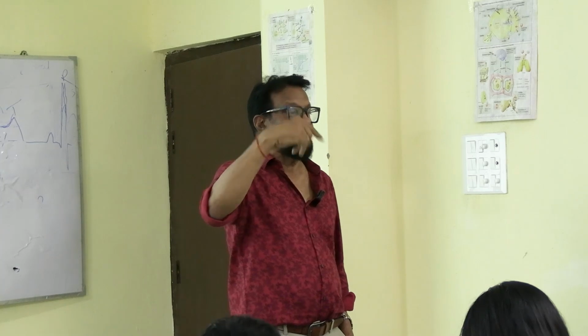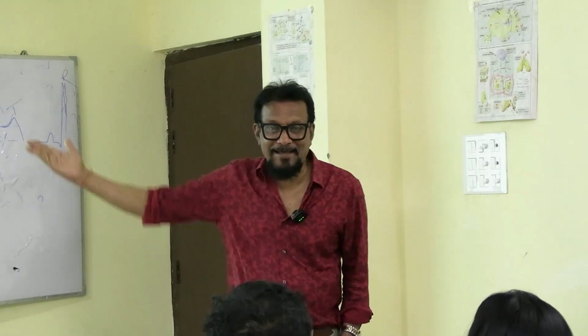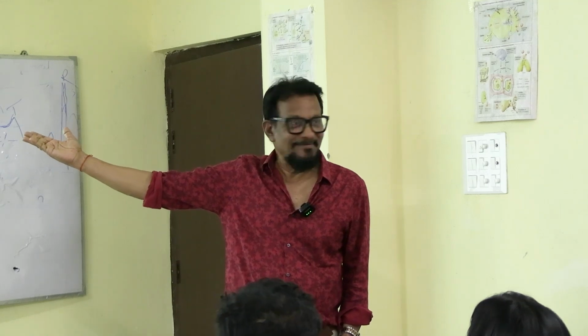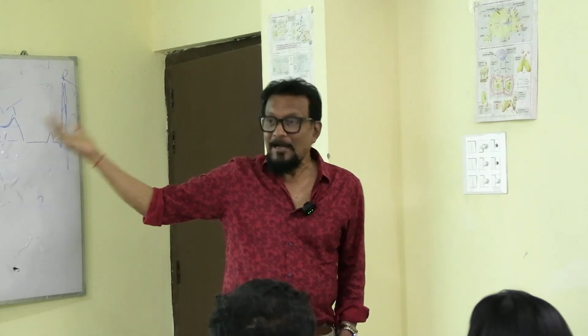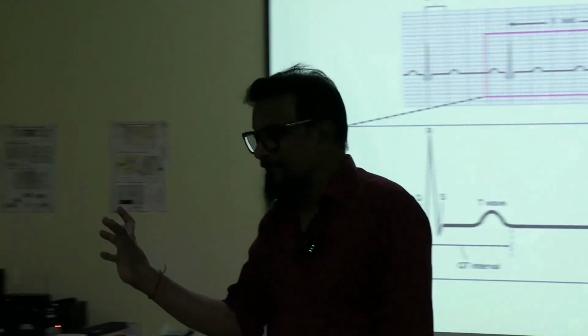So divide 1500 by 20. 75. The heart rate is 75 beats per minute. Isn't it simple? How many millimeters are there between two peaks? Not time, millimeter. Divide 1500 by this millimeter and you will get the heart rate.